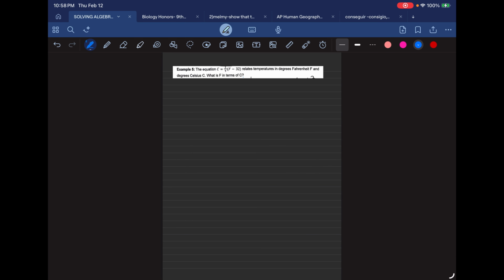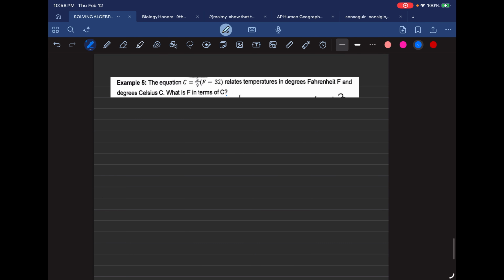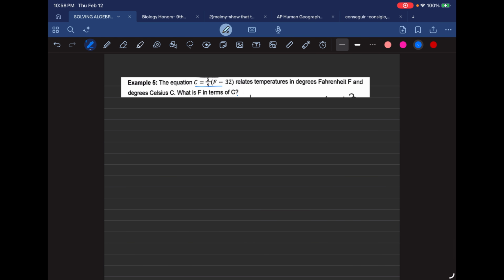And this is the last question for our lesson. This equation relates temperatures in degrees Fahrenheit, F, and degrees Celsius, C. What is F in terms of C?